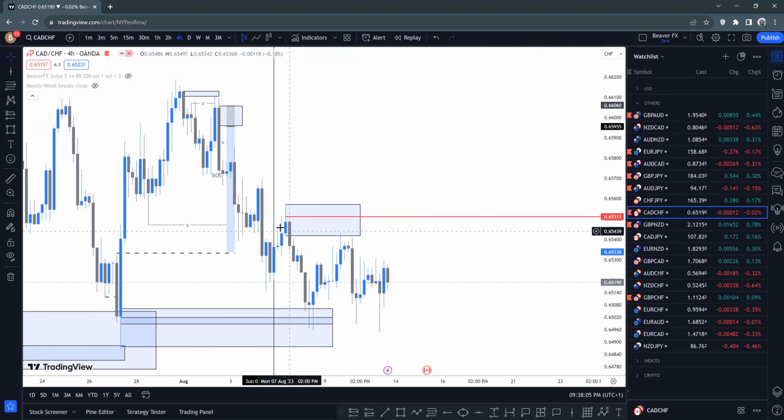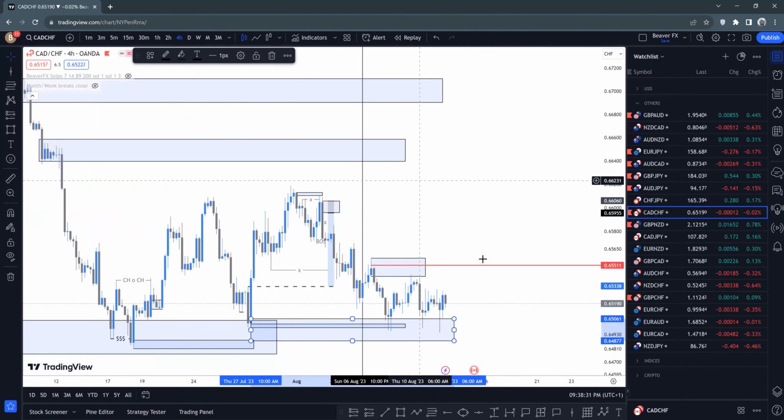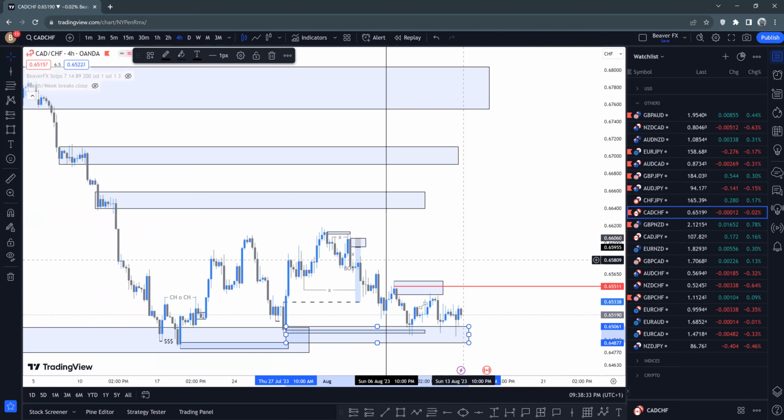It decided to respect this block around there and it came down. And looking at this now, it's crossed the previous week's zone, went to the upside, but created an engulfing candle. So the real question now is, is this actually going to hold? Is this zone still going to be respected? Because it's an engulfing candle, you probably expect this week to be a retest and the market's open should push to the upside.